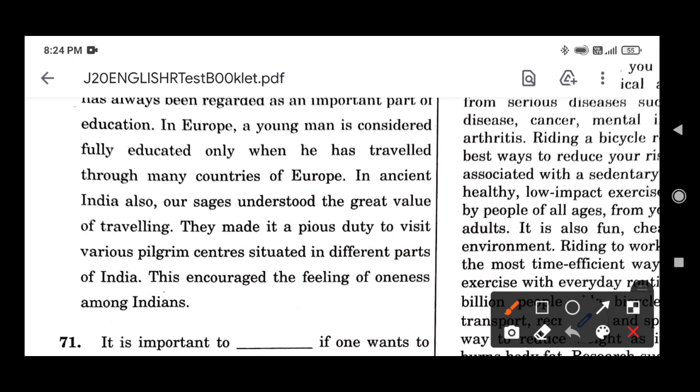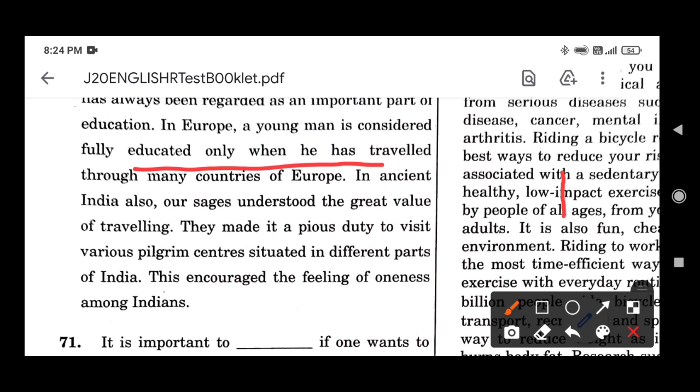Here the important thing is that in Europe, a young man is considered fully educated only when he has traveled through many countries. So these are the important sentences. In ancient India also, our sages understood the great value of traveling. This is very important.